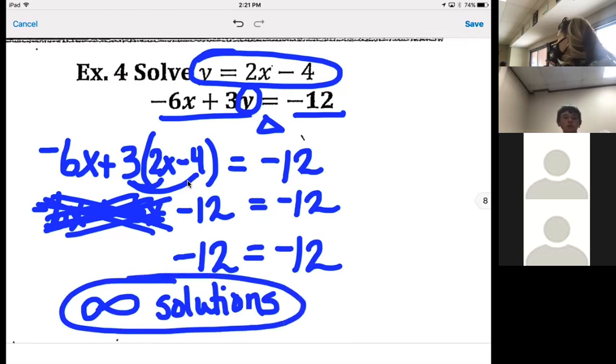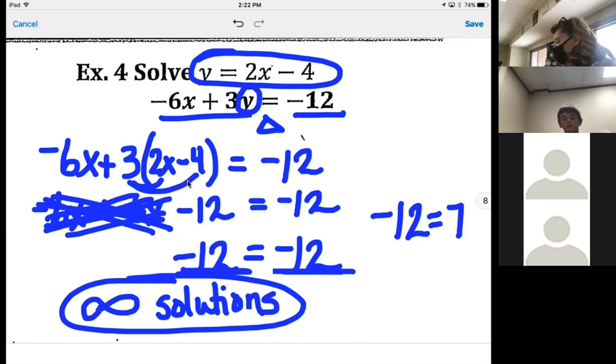Now, you guys, the reason why I know it's the same line and it's infinite is because -12 actually equals -12. If our variables had canceled out and we would have been left with -12 equals 7, is that true?